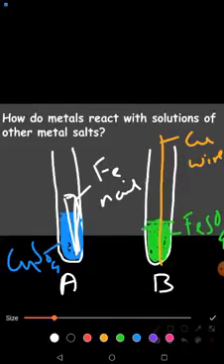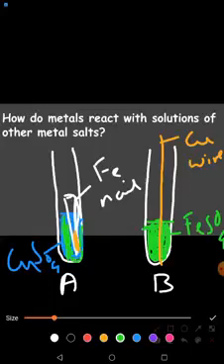After some time, when you see, you can find the tip of the iron nail turning reddish brown. This tip would become reddish brown and the solution must have become pale light green in color. This I'm making just to help you understand.